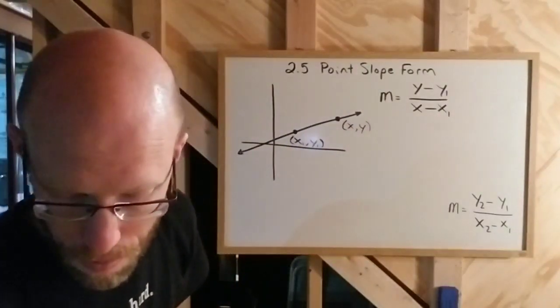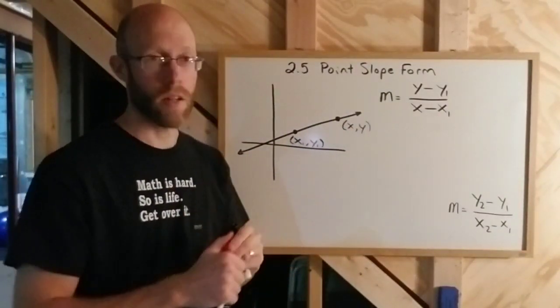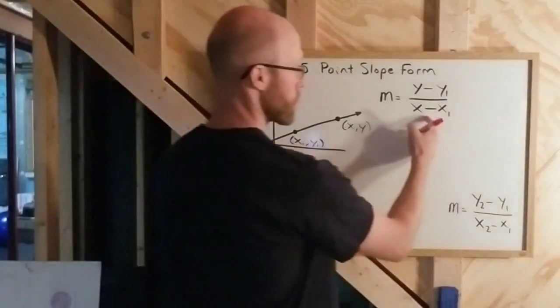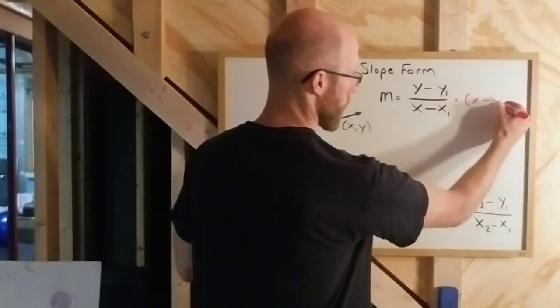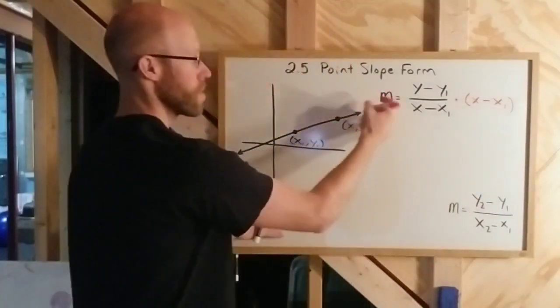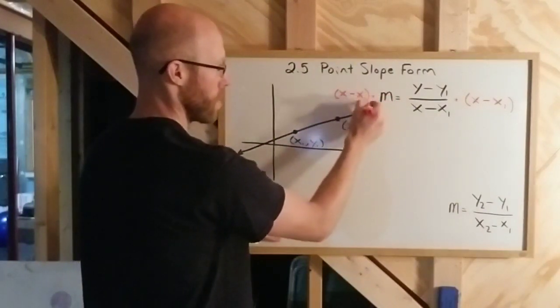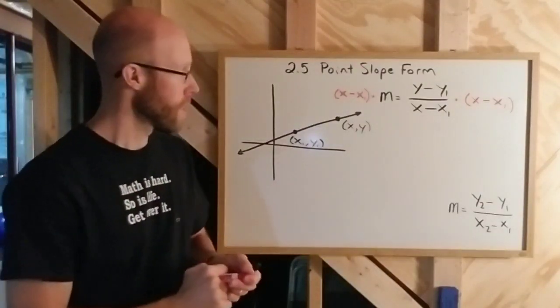It is a bit complicated because it has 2 terms in it. But I can multiply both sides by that expression. So I'm going to multiply the right side by x minus x1. I'm also going to multiply the left side by x minus x1. So I'm multiplying both sides.